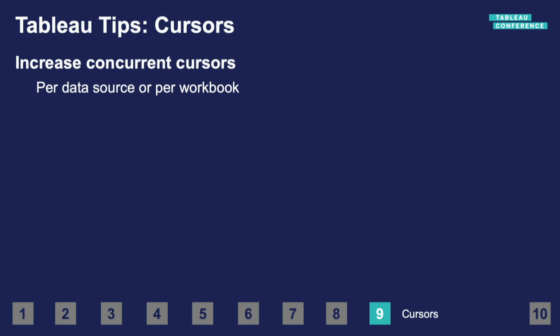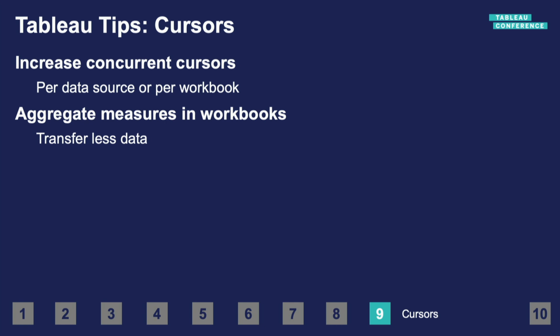You can do that on Redshift. You can do that also on Tableau. We support that, and you can do it at a data source level, or even at a workbook level. So again, it's a temporary fix. It's really a symptom, but in the meantime, you can handle it that way. Aggregate, aggregate, aggregate. That's how you avoid cursor errors, right?